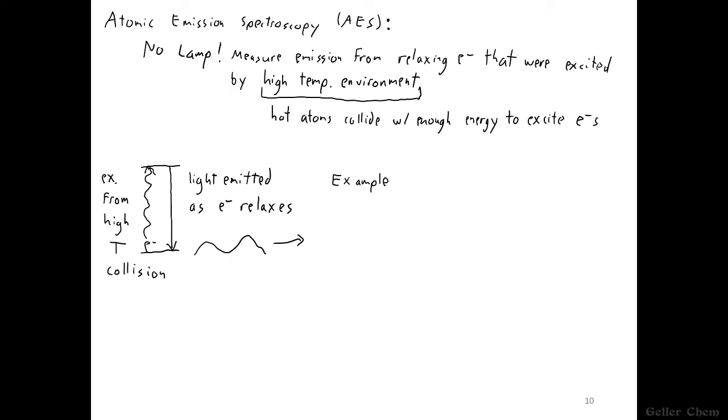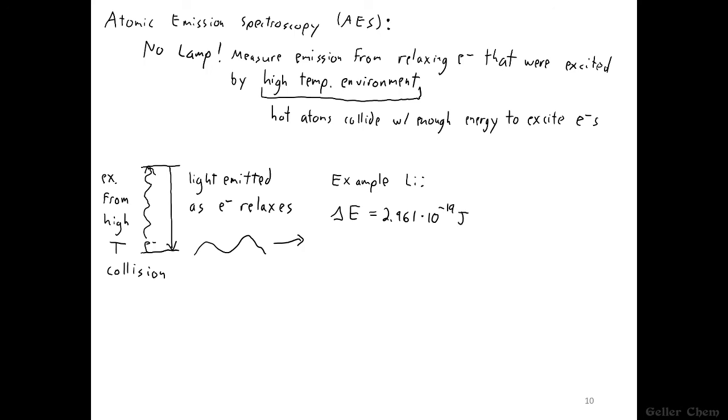let's say we have a sample of lithium atoms. Well, the delta E between the levels in lithium, at least between its valence electron, which is in the 2s orbital, and its closest in energy vacant orbital, which is the 2p, the difference in energy is equal to 2.961 times 10 to the minus 19 joules.